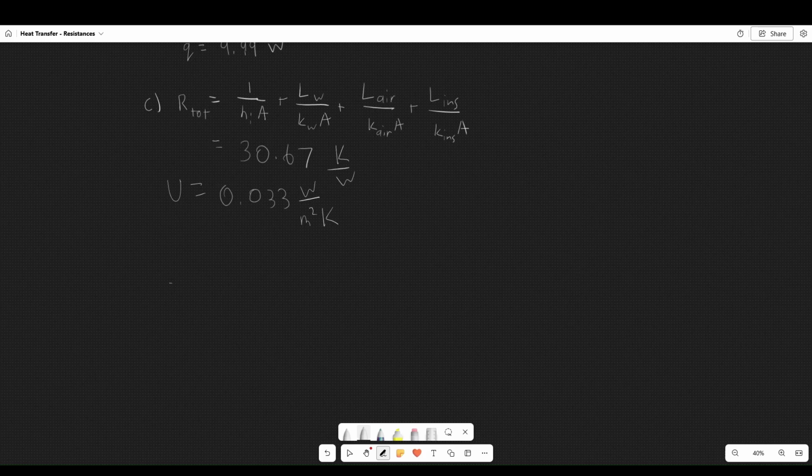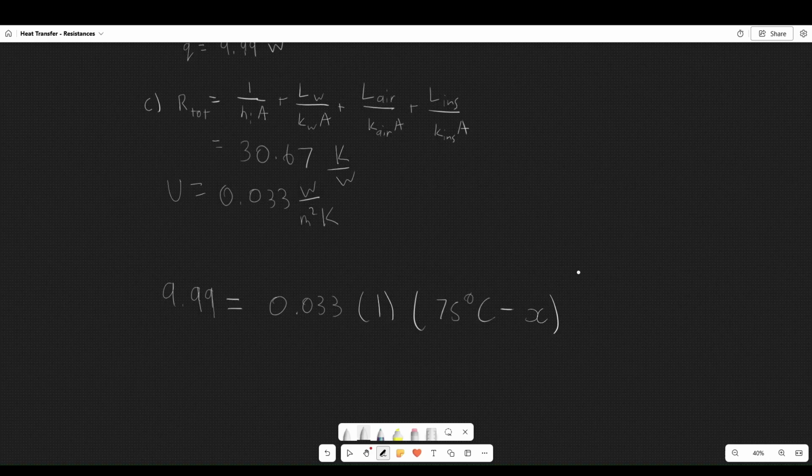And then we have 9.99 watts as equivalent to 0.033 times 1, because we're using unit area, and then delta T is 75 degrees C minus X. Perfect. And so what we essentially can do now is we divide 9.99 by 0.033, and then we subtract from 75 degrees Celsius.